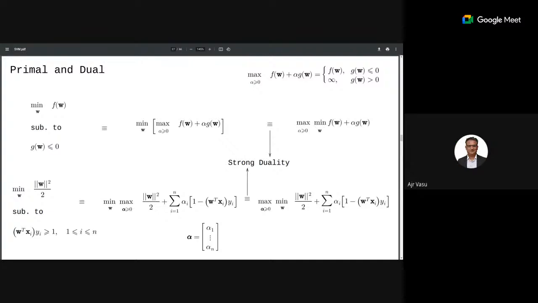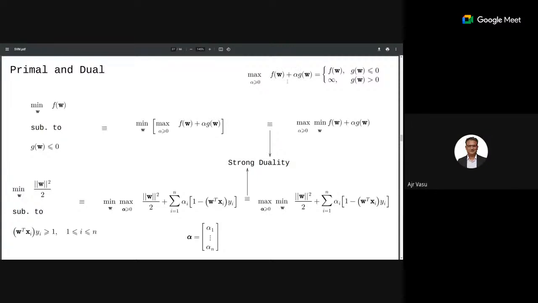In some places, they don't take g(w) as 1 minus. They leave it as such, and they take f(w) minus alpha into g(w). That is again for the same reason. There the constraint would be g(w) greater than or equal to 0, so you have to take alpha less than or equal to 0. If alpha is still greater than or equal to 0, then you'll have to do f(w) minus.